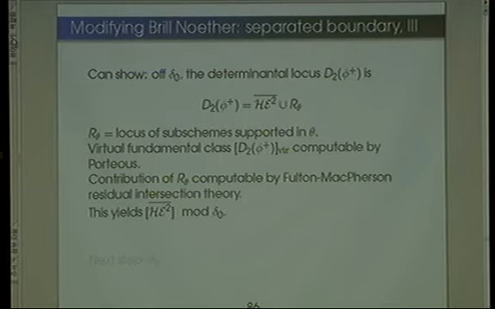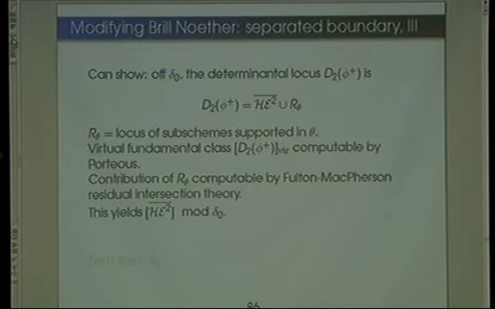This is sufficiently easy to understand that we can figure out the contribution to the fundamental class, and then just subtracting that part gives us the fundamental class of the hyperelliptics. However, this only works modulo stuff that comes from delta zero.